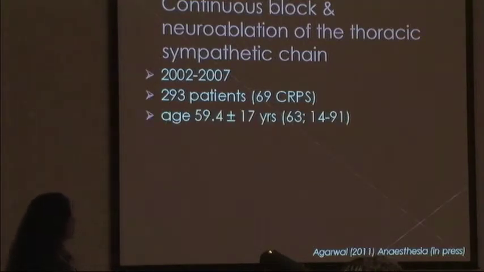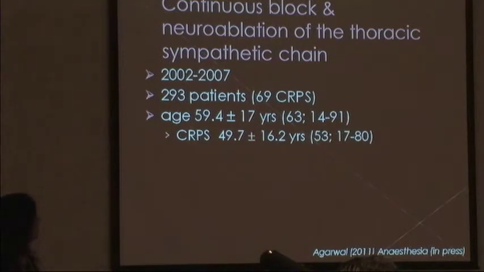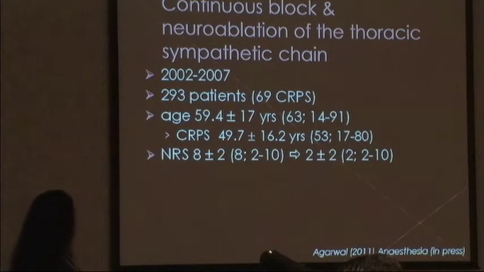They were aged about 60, the median age was 63 years, ranging from 14 to 91. And with the CRPS patients, you can see that their median age was a little lower than the average population. And what we were able to achieve was that the initial pain intensity of 8 came down to about 2.